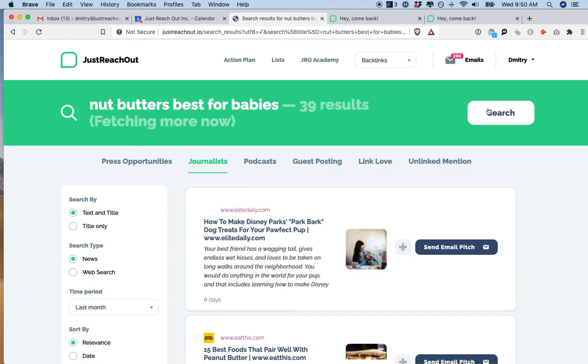And the idea here is a little bit different from what press opportunities is. Here it's, hey, they covered nut butters for babies, but they didn't cover nut butters for keto. They didn't for paleo. They didn't cover it for something else.